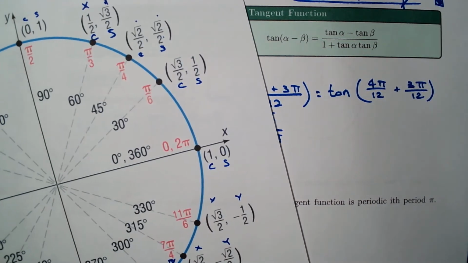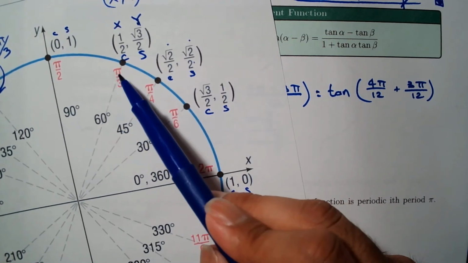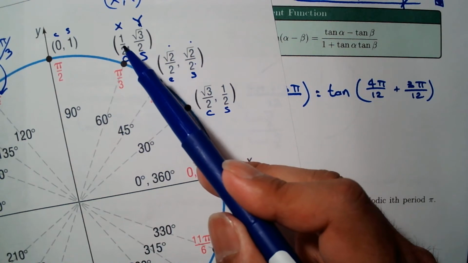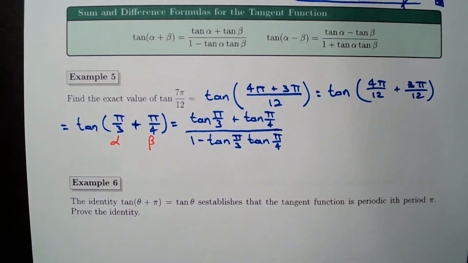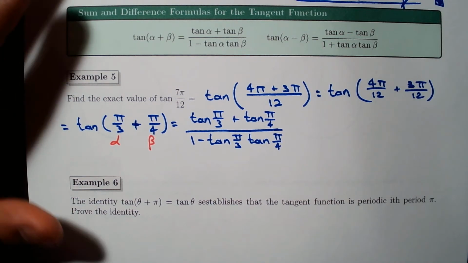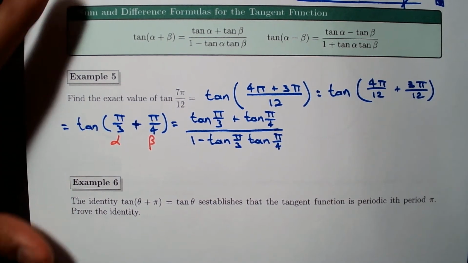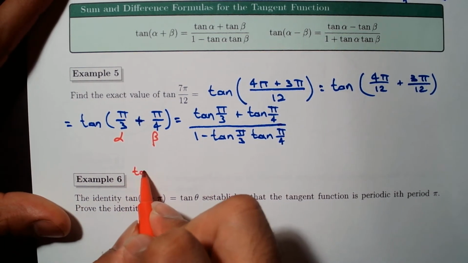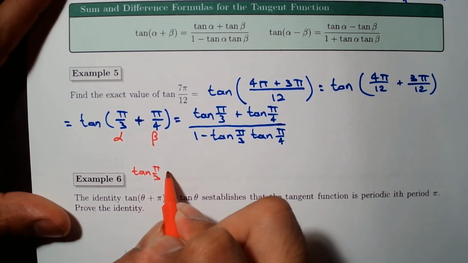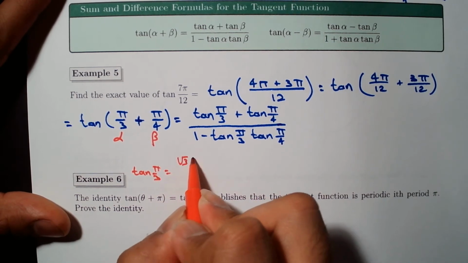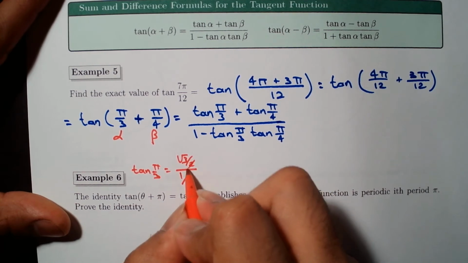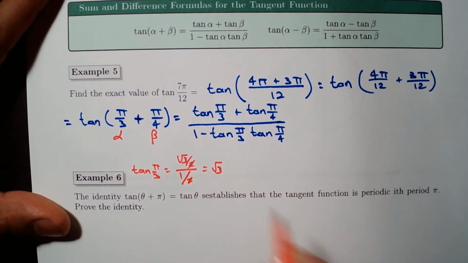Tangent of pi over 3. Let me actually simplify those values on the side. On the one hand, tangent pi over 3 will be root of 3 over 2 over 1 half. These go away, giving us root of 3.